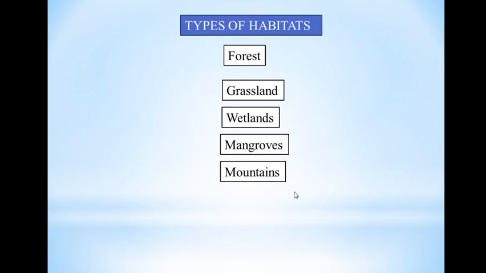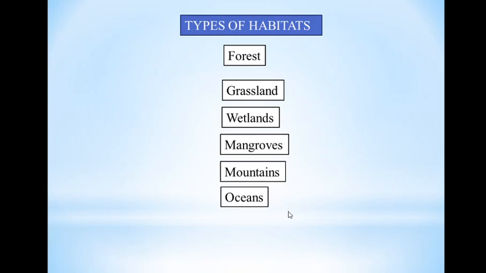And mountains are also very important habitats, because a specific type of life exists on the top of the mountains and hills. Thereby it is also a wonderful habitat, but we ignore mountains as a habitat.